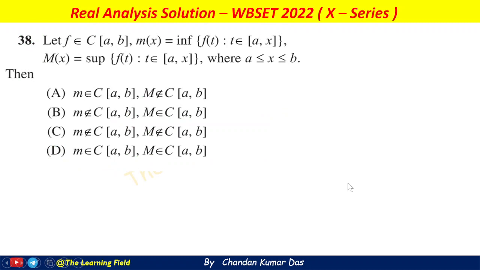Okay, now going to the next question, question number 38. Let f belong to C[a,b], that means f is a continuous function on [a,b], and small m is equal to the infimum of f(t), and capital M is equal to the supremum. This is a very easy question.